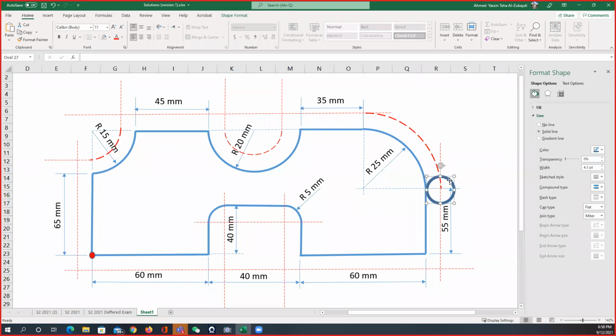And what are the coordinates of that point? 165 for the X and 55 for the Y. Okay, so the direction of the movement is clockwise, so I'm going to use G02.